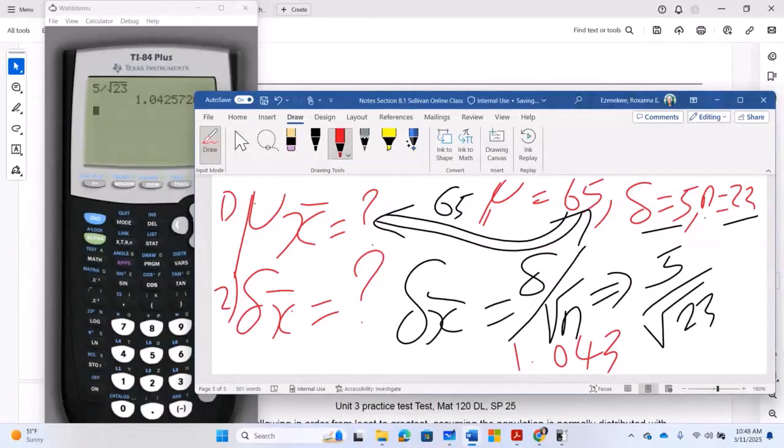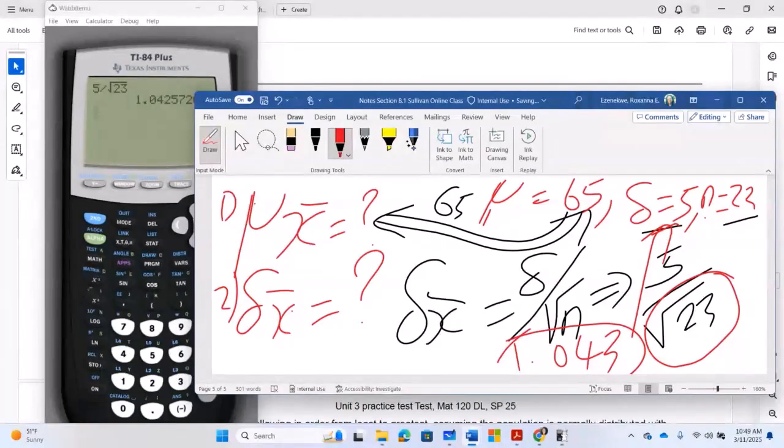All right, so you can see that the standard error is always smaller than the standard deviation of the original data. Always. Why? Because we are dividing the standard deviation of the original data by a bigger number.